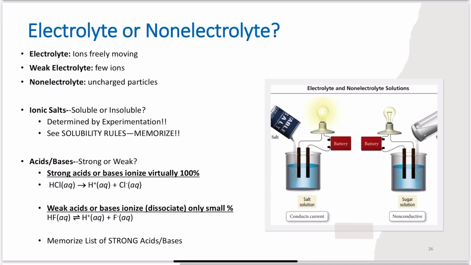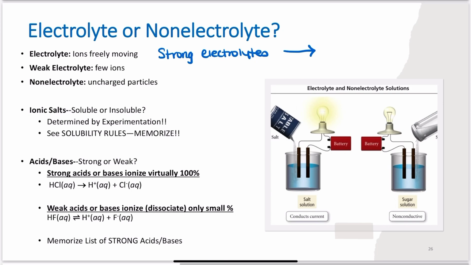So the way we actually do it, we will write strong electrolytes, when we're writing a balanced chemical equation, with a one-headed arrow. Strong electrolytes are defined as a substance that completely, 100%, dissociates in aqueous solution. Weak electrolytes still have those ions present, we just have fewer of them.